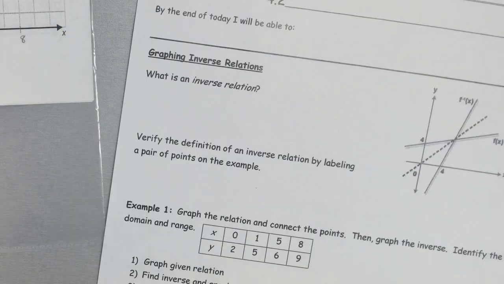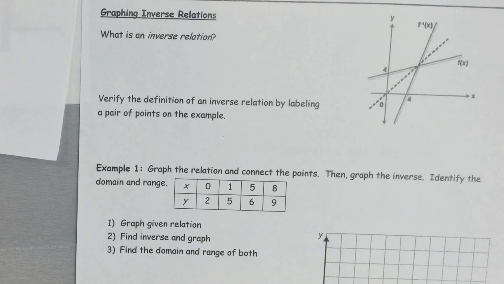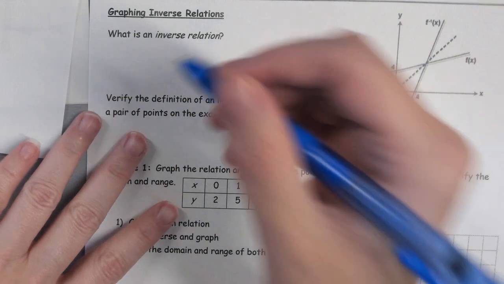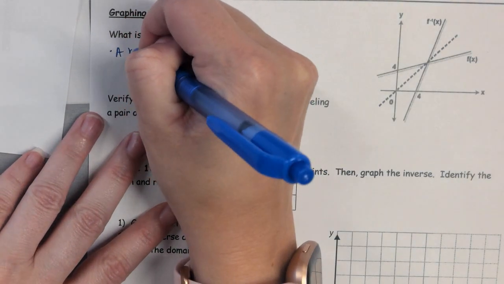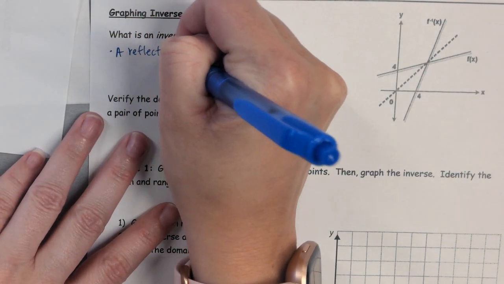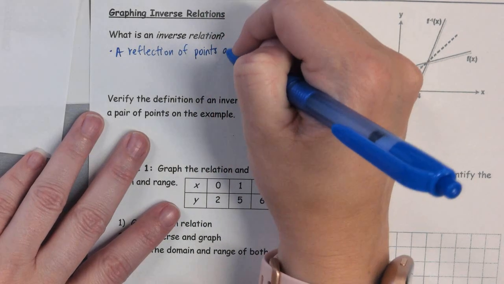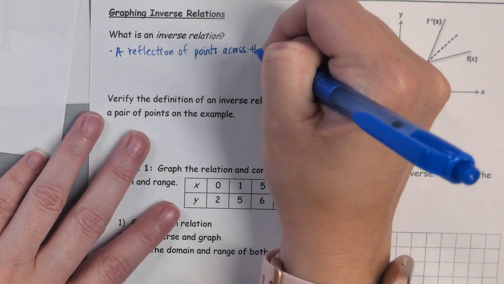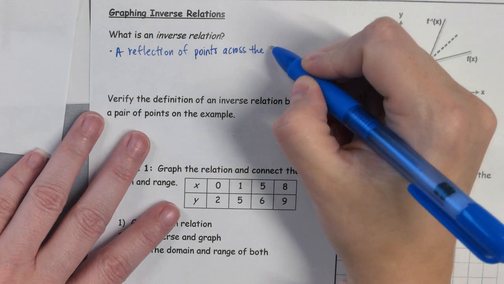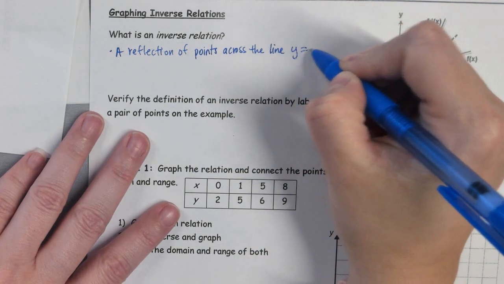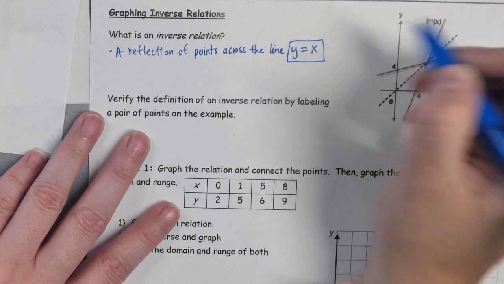An inverse relation is a reflection of points across the line y equals x.